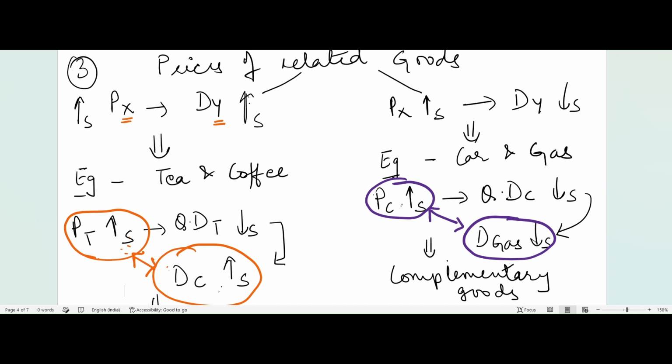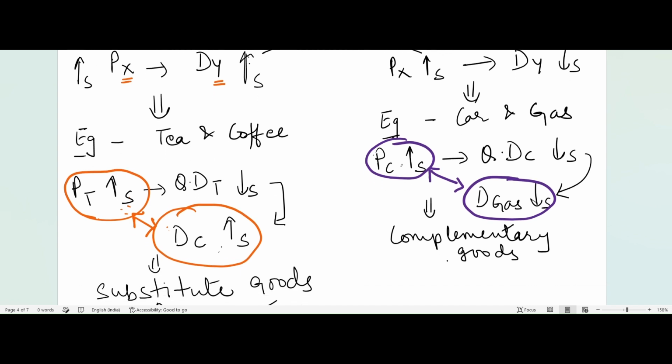This is where economics and science differ. Science is a fact which is true for all. Economics, since it's behavioral, keeps on changing from person to person. So for sure, we cannot say that two goods are substitute goods for everyone. They might not be. It differs from person to person.